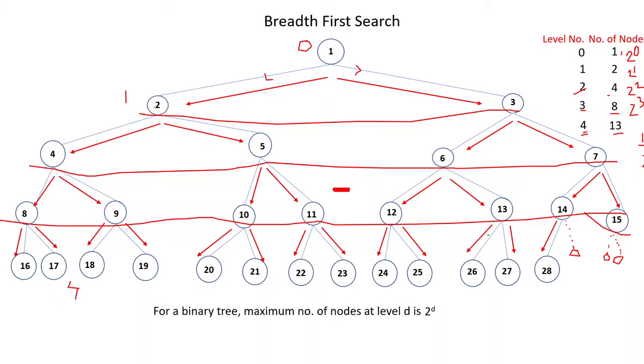So at any level D, this is 2 to the power the level number. You can consider this as the level number and this as how many children are in the node. So for a binary tree, the maximum number of nodes at level D is 2 to the power D.